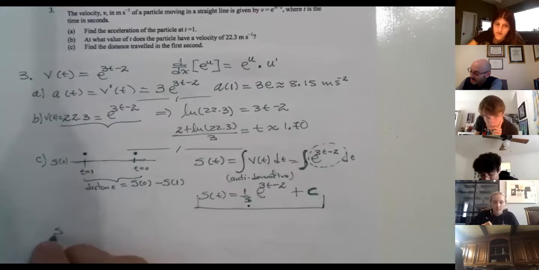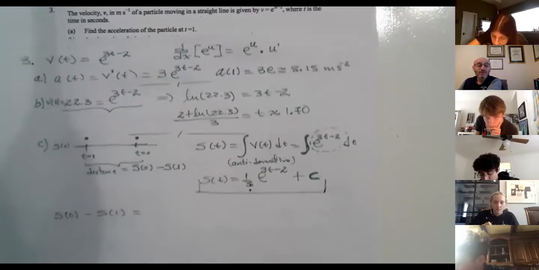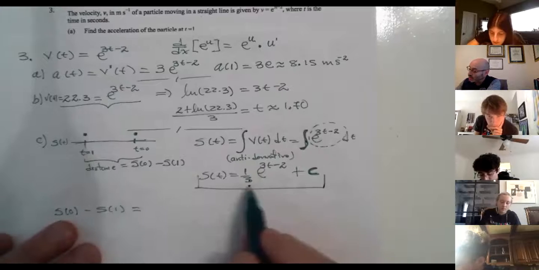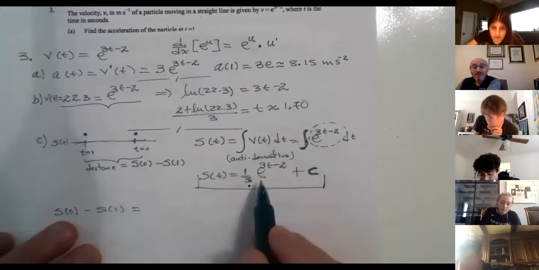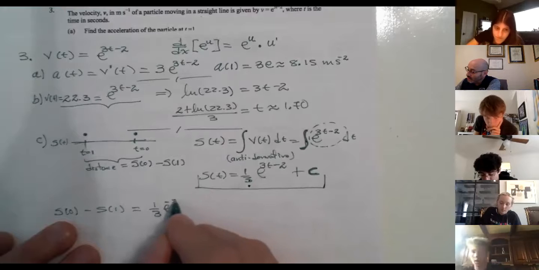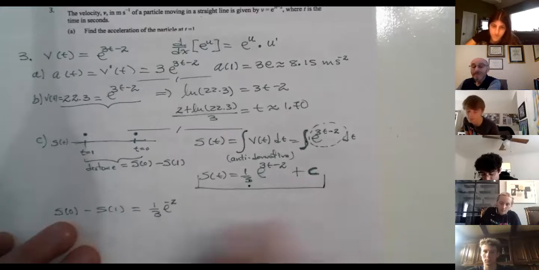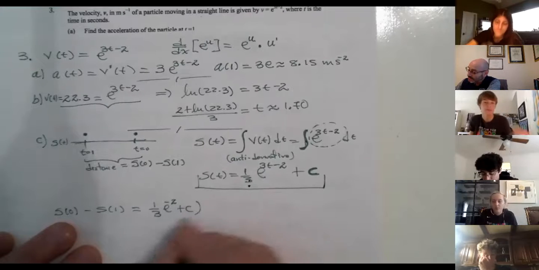So let's see, s of 0 minus s of 1, because that's going to give me the distance, is going to be equal to, if you plug in 0 into this function, you're going to get 1/3 e to the negative 2, right? Because t is 0, correct? Plus c.